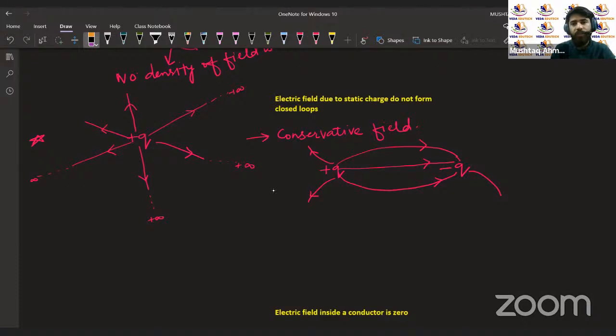So this is the important property, that electric field lines will never form a closed loop. The reason is that it's a conservative field. If it formed a closed loop, then the work done in a closed path would not be equal to zero.